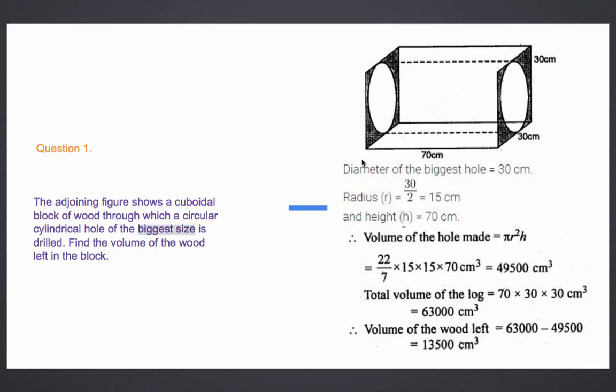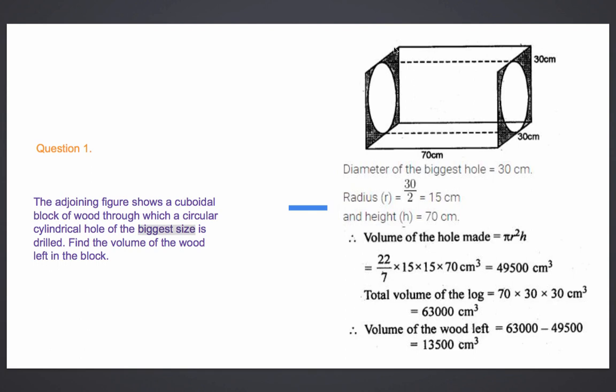So what we are given in the question is basically biggest size circular cylindrical hole we have to drill out of it. So to have it of the biggest size, remember yesterday one question was there in which we discussed the same.